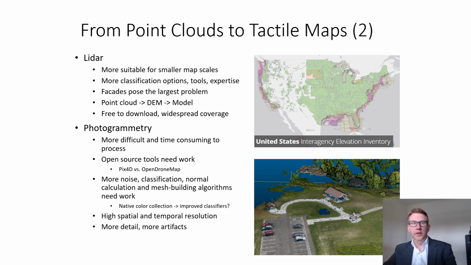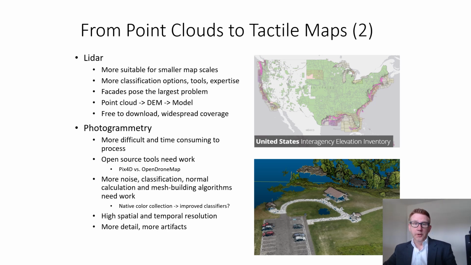LiDAR is particularly useful for maps that are going to be of smaller scales or larger areas. The biggest problem here is that typically airplanes fly at a sufficient altitude that you're not capturing the facades or the sides of buildings. So you get the tops imaged fairly well, but the faces of them are not. And so that can create problems if the 3D structure is complex.